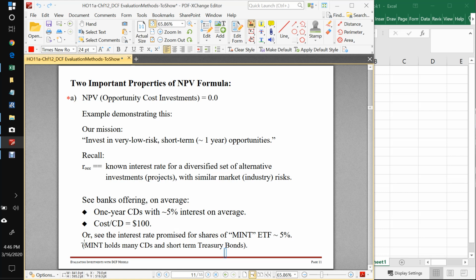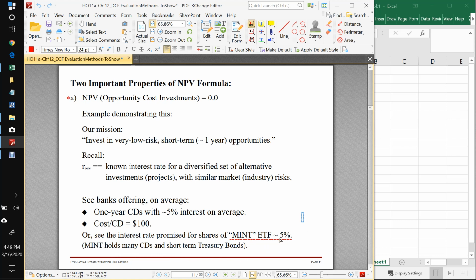Another thing we could do is be a little lazier and go to the Mint Exchange Traded Fund, which, as we learned in the last chapter, holds many short-term CDs and treasury bonds.